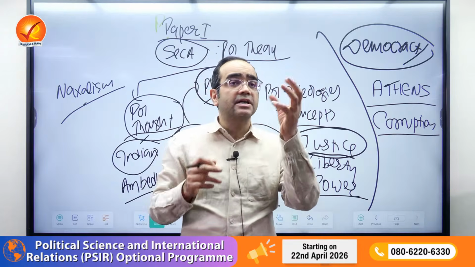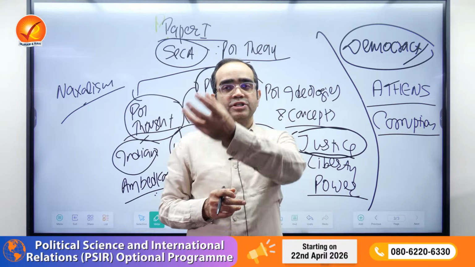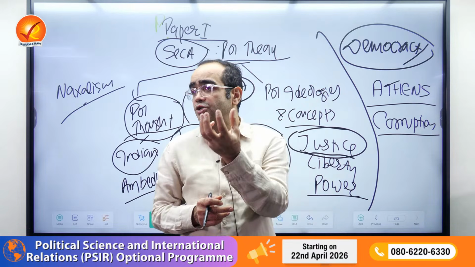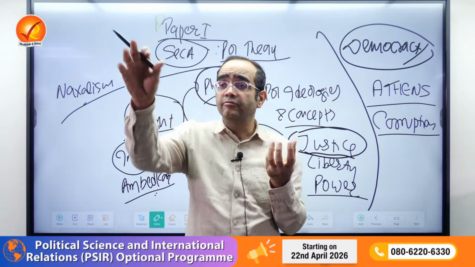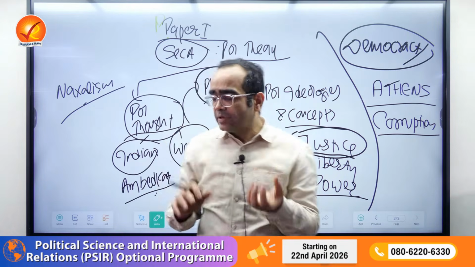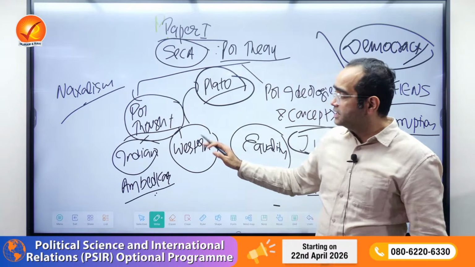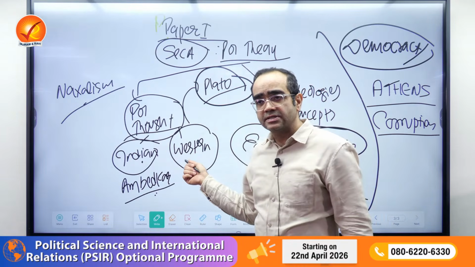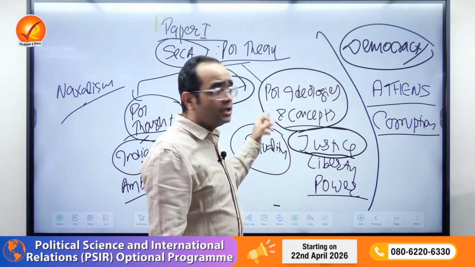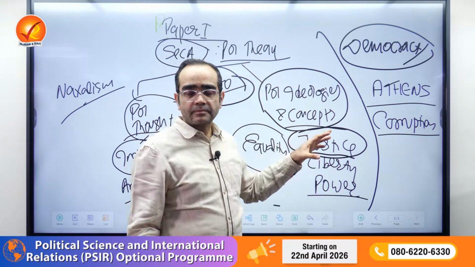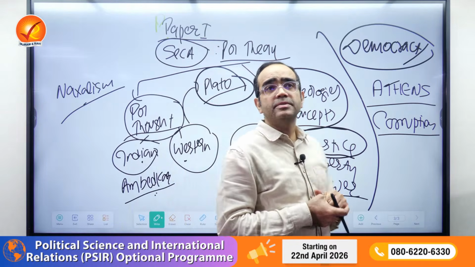His ideal was Gram Swaraj, that rejuvenation of Indian villages should be there, because he believed India's soul lives in villages. So we have to discuss the ideas of these thinkers, Indian as well as Western, as well as political ideologies and the concepts. You can correlate with your syllabus.